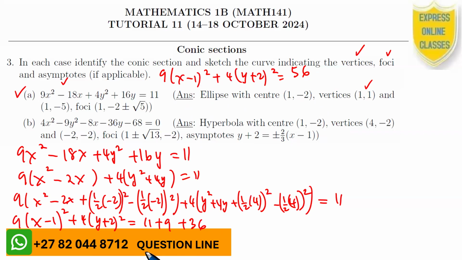We have exactly the 56 there, just something to take note of. So we continue with our interpretation.